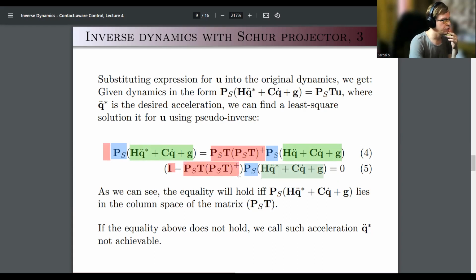So when we put everything on the left-hand side, we get I minus this times the whole expression with the green part, the manipulator equations. This is how I rearranged equation 4 into equation 5. It is quite clean: substitute u, express this green component that looks like the manipulator equation, get my projector that I had previously, and then this red part is what we got from inverse dynamics.